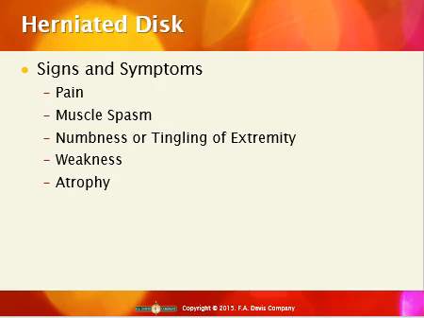Numbness and tingling to the extremity may be reported. Asymmetrical weakness and atrophy to affected muscles may occur. If weakness involves the entire extremity, it is unlikely due to a herniated disc. The severity of the pain or paresthesia doesn't necessarily correlate with the severity of nerve compression, but weakness and atrophy are indicators of significant nerve compression.